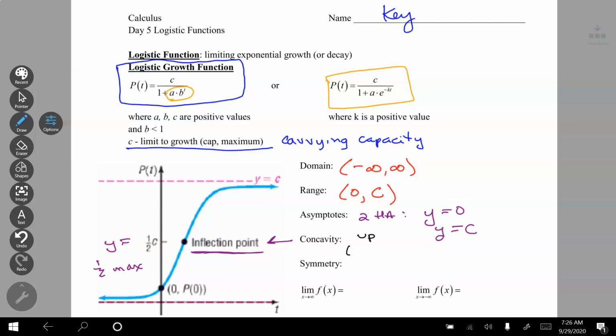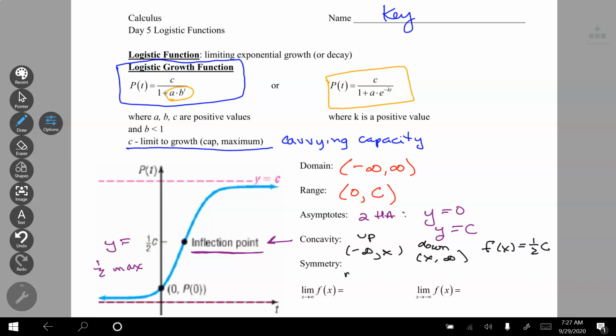I have concave up from negative infinity to some x value, and then it's concave down from that x value to infinity. We need to figure out this x. So this x value is where f of x is equal to half the max. That we'll have to figure out later.